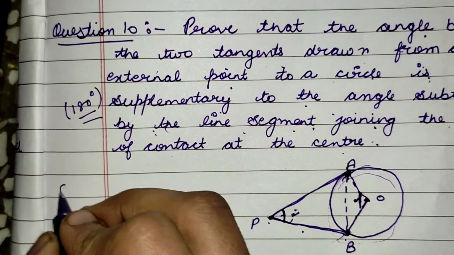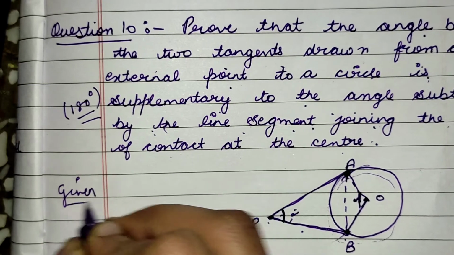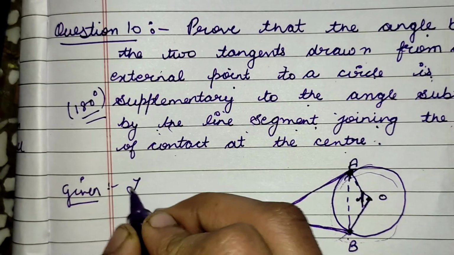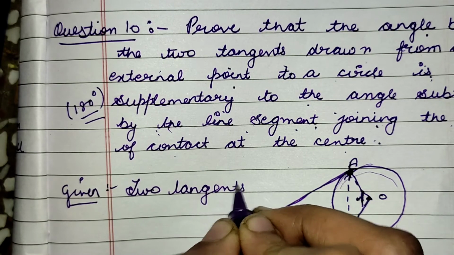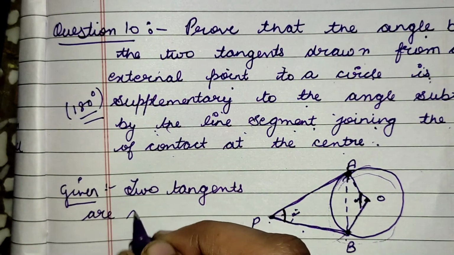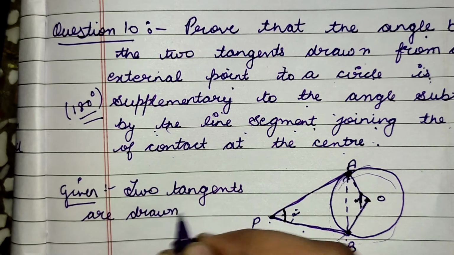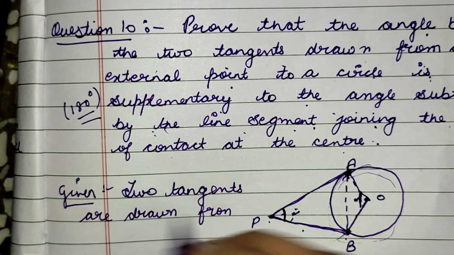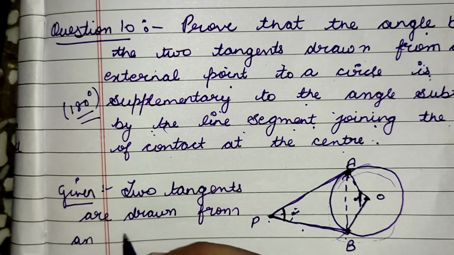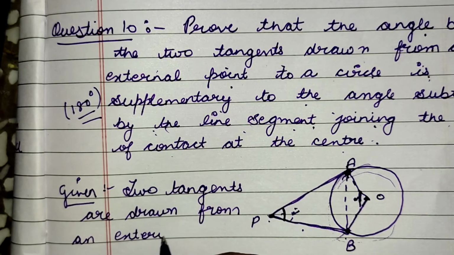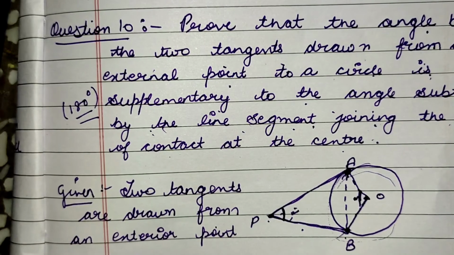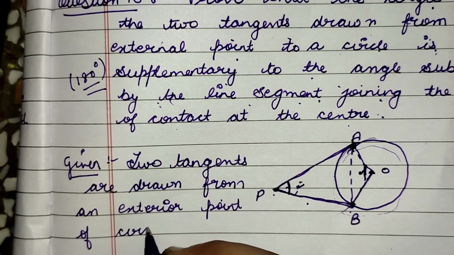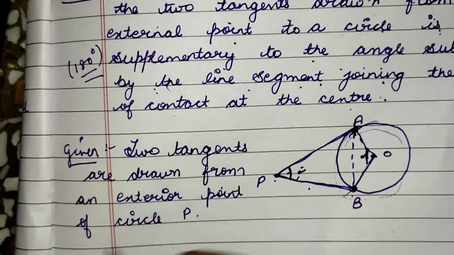So let's write down the given. Given is what? Two tangents are drawn from an exterior point P of the circle, right?